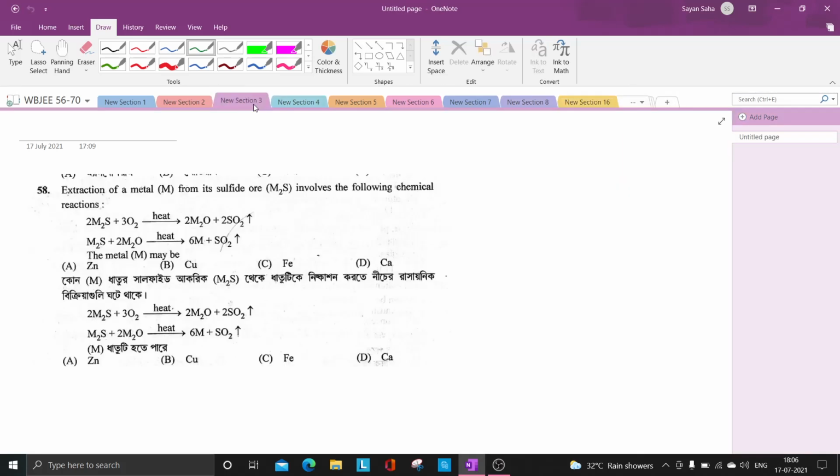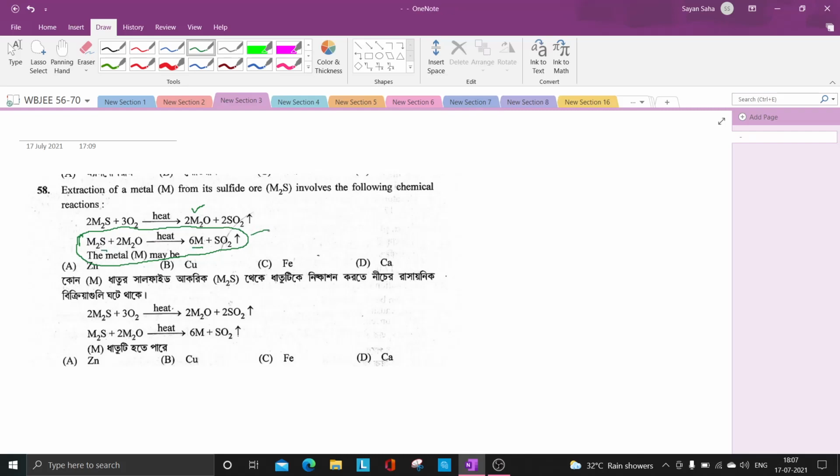Now come to the third question. This is a very simple question from your NCERT. See, in the extraction of which metal is this reaction present, this self reduction. This is some sulfide ore, right? After you oxidize this sulfide ore using oxygen, it gives M2O, and this undergoes self reduction, M2S plus M2O gives 6M.